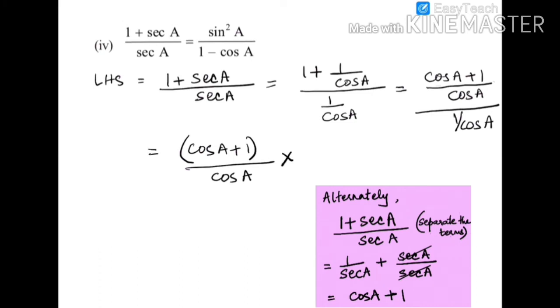So here we multiply cos A upon 1. So cos A and cos A get cancelled and we get cos A plus 1.